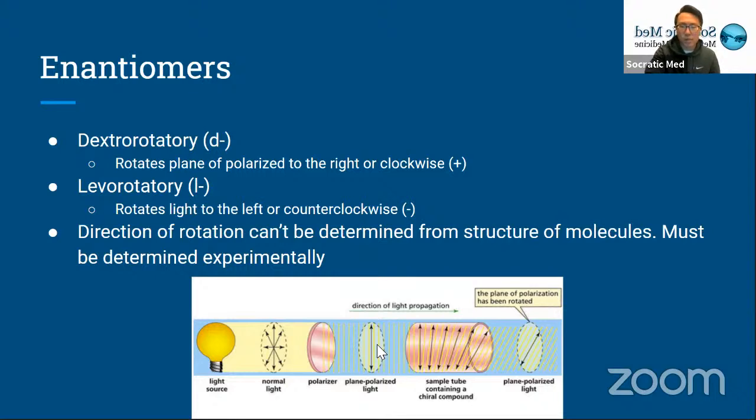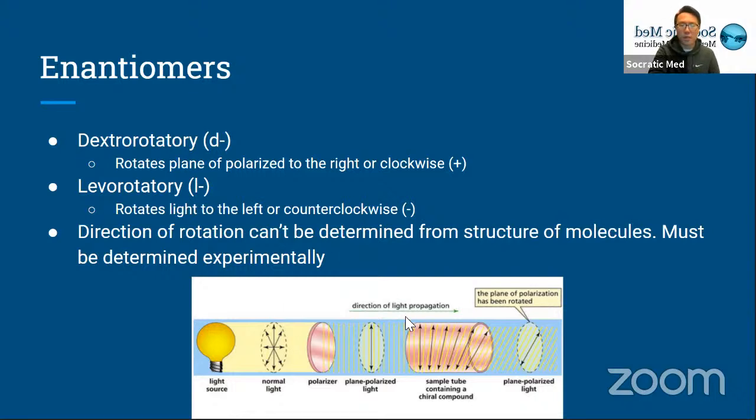Any molecule with a chiral center will be optically active, and it will rotate the light a certain amount based on the structure of the molecule and the R and S configurations of that molecule.